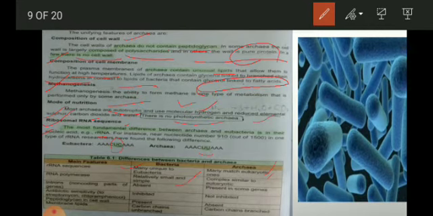Introns, non-coding parts of genes. I'll just explain it. They are present in archaea and also in eukaryotic cells, but absent in bacteria.